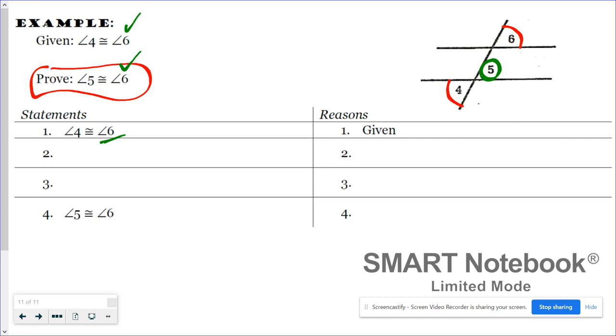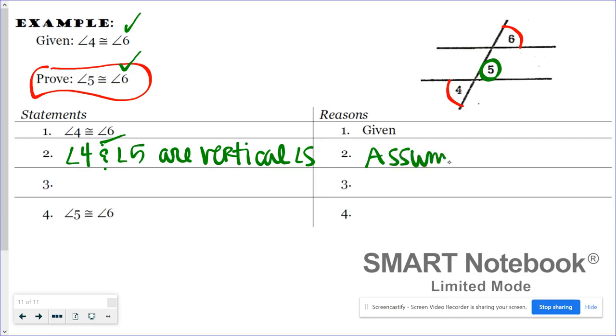Yeah, angles 4 and 5 are vertical angles. So let's bring 5 in. So we could say that angle 4 and angle 5 are vertical angles. Why are they vertical angles? That's right. We're assuming that from the diagram. Assumed from diagram. Because like we are allowed to do that.